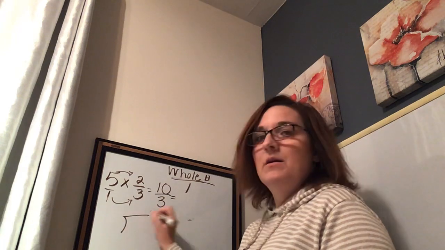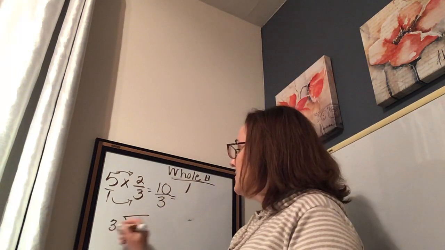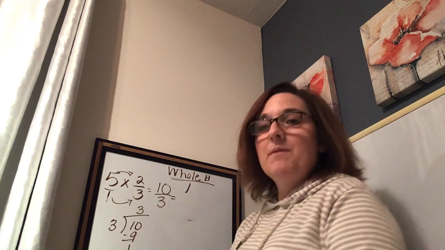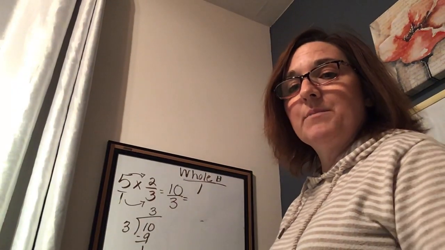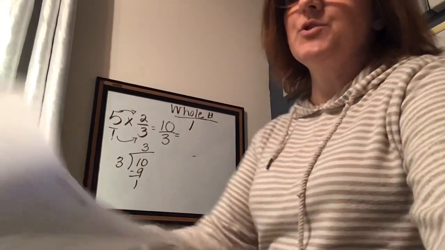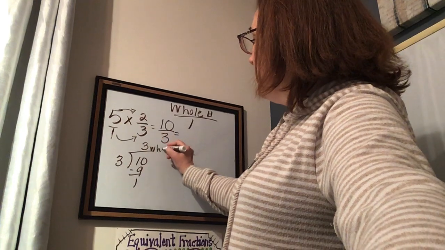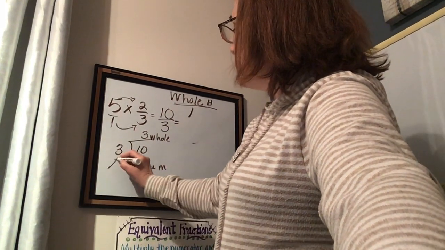This is where you take bottom into top. Remember how we do that? 3 goes into 10. You're going to come up with 3 separate numbers. Those 3 numbers have to be put into the mixed fraction. This is your whole number, this is your numerator, and this is your denominator.